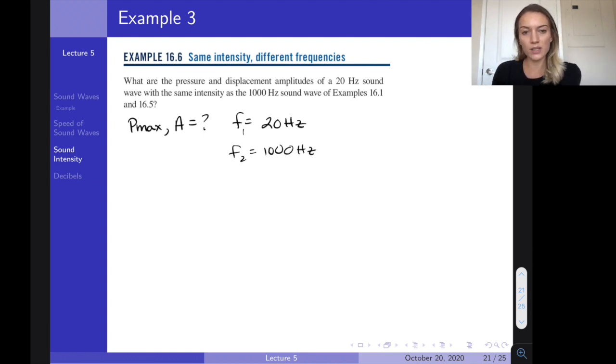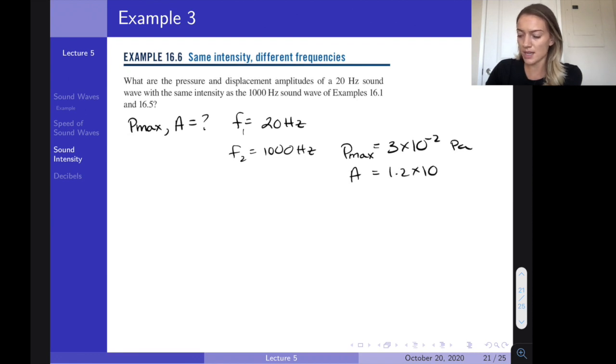Problem 6.1 was the first problem we did, and we found that Pmax was 3 times 10 to the negative 2 pascals, and the displacement amplitude was 1.2 times 10 to the negative 8 meters. So we want to find Pmax and A for this 20 hertz wave with the same intensity. Let's first find the intensity of our 1000 hertz wave.